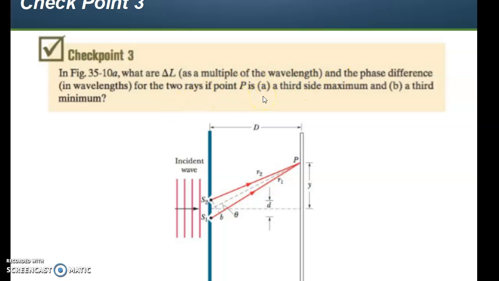And so the phase difference would be a factor of 3. And the third minimum would be 2.5 lambda, and 2.5 would be the phase difference. You'll notice that's for whatever your n is, because the minimum is 1/2 less than the full number. So the maximum is at 3 for the third. The minimum for the third one is at 2.5.